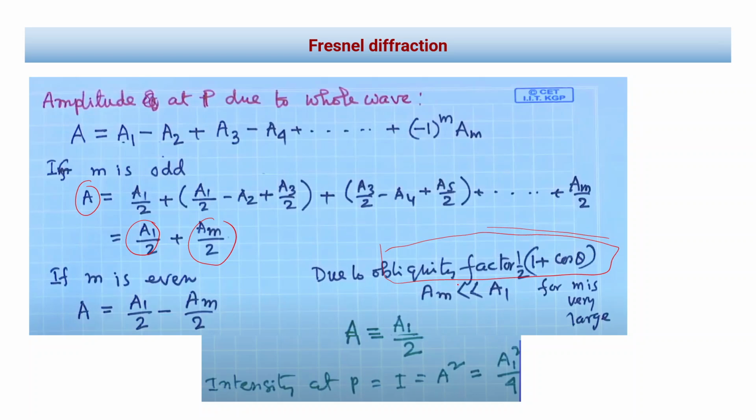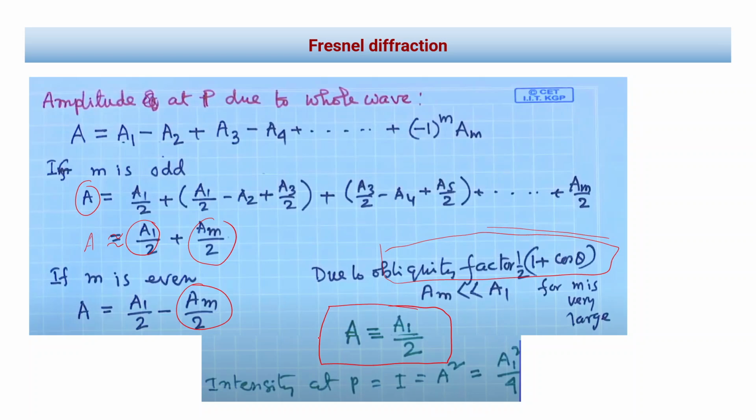The higher the theta is, the amplitude keeps on decreasing. So this is a very small value, which means the final amplitude is almost equal to half of the original amplitude.